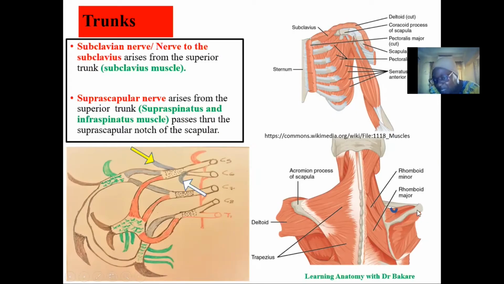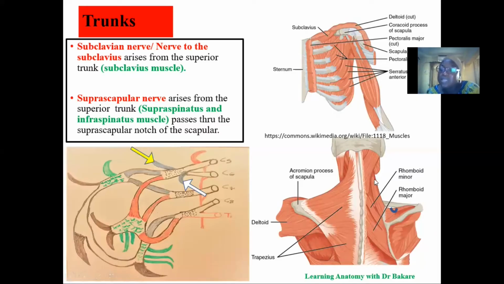This is the spine that tends to divide the posterior part of the scapula into two, and the upper part is termed the supraspinous fossa, and the lower part is the infraspinous fossa, just as the names imply. The supraspinous fossa is filled with the supraspinatus muscle, while the infraspinous fossa is filled with the infraspinatus muscle. So you have the supraspinatus and the infraspinatus muscles at the posterior part of the scapula.